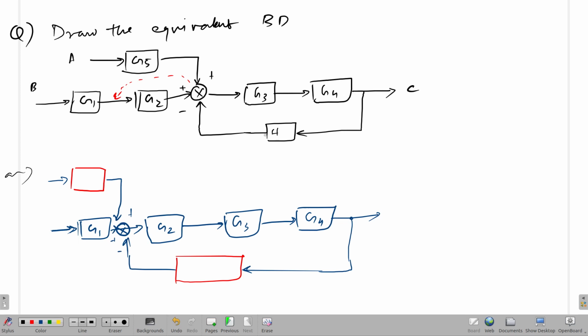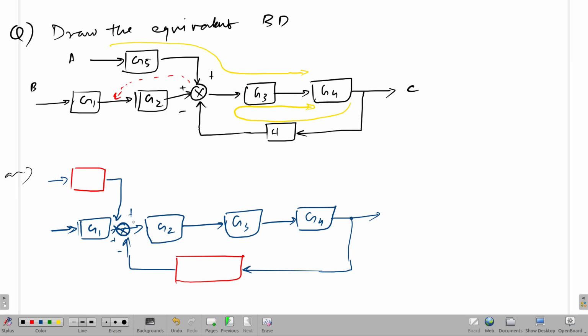Okay, so coming to this one, both of these blocks are initially being summed here. Okay, and whatever effect it has, the path was like this, right, and for this the path was like this. So at this point there is no interaction between the signal A and G2. Also there is no interaction between the signal C and G2.